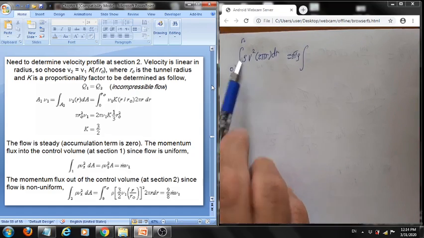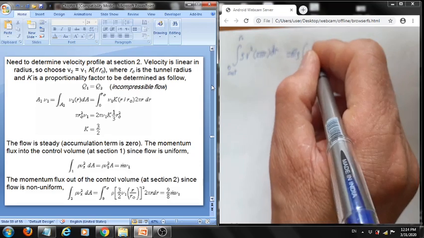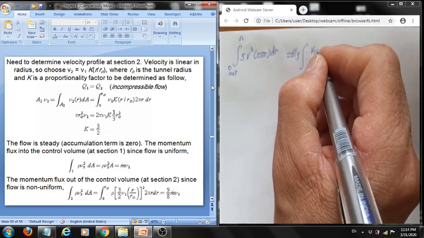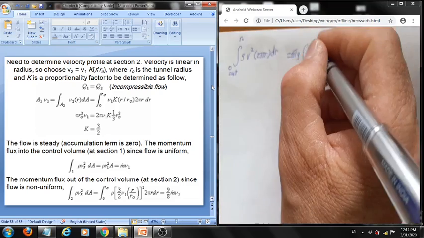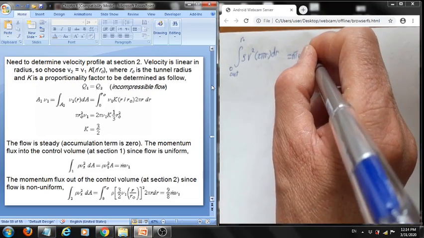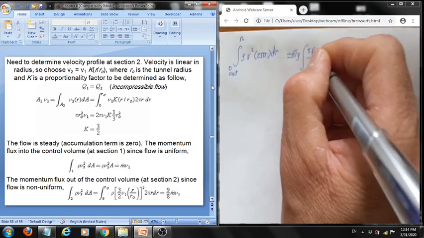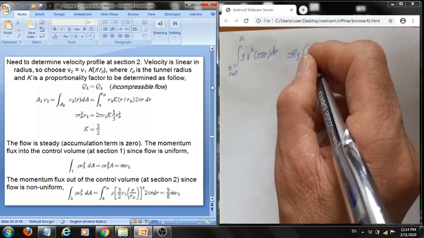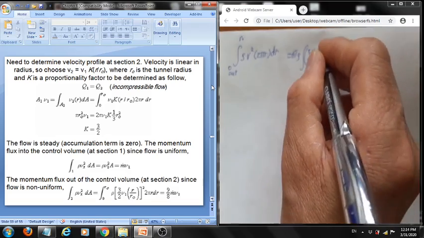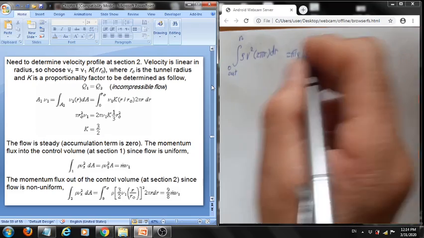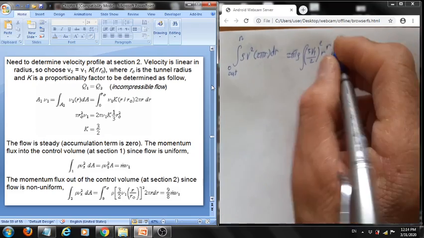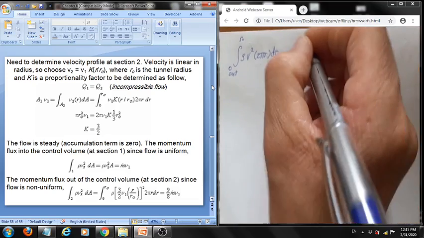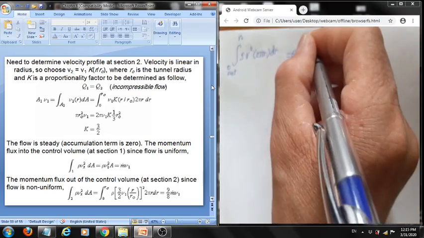And instead of the v, we will substitute V1 multiplied by the value we have obtained previously, 3/2 times r squared, so everything is squared, multiplied by r dr, where r varies from 0 to r naught.